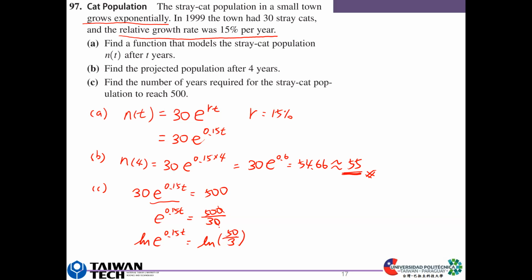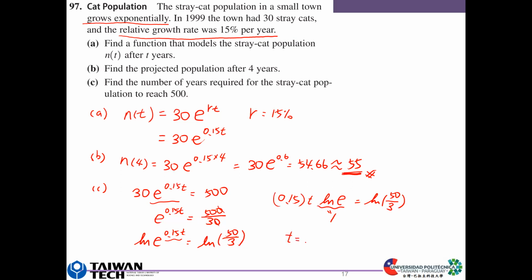And then we can put the exponent within the natural log outside the natural log, right? So it's 0.15t times natural log e equals natural log of 50 divided by 3. And this whole term, natural log e, is 1.